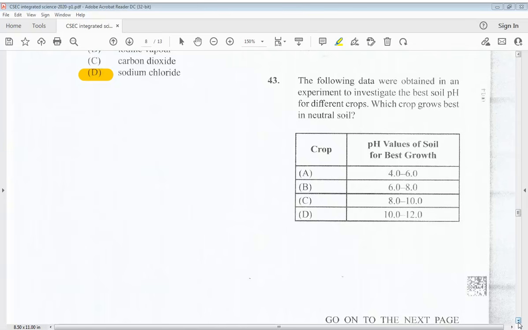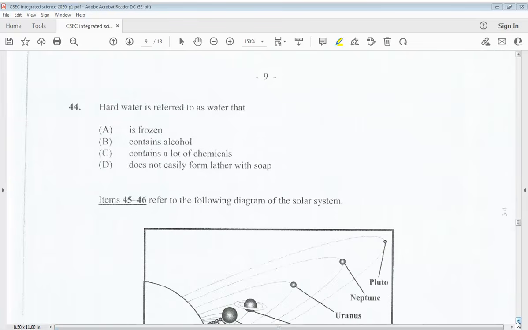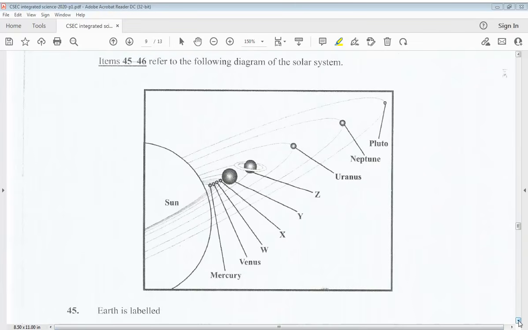So we know the crop which best grows in neutral soil. We know that would be B. Go to 44. Hard water is referred to as water that D. Does not easily form lather with soap.